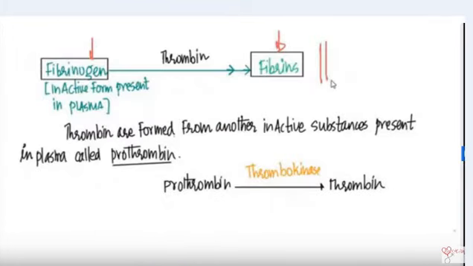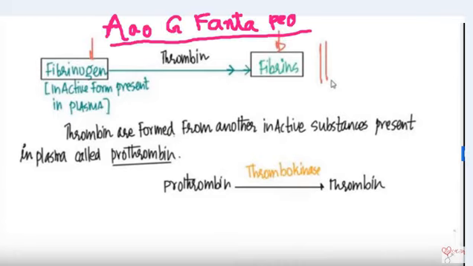Now, how are these fibrins, the network of threads, formed? These are formed from fibrinogen. What is fibrinogen? As I have discussed in the first video lecture on plasma, during the discussion of plasma, to remember the plasma proteins, I made a short trick for you so that you can remember the names of all the plasma proteins easily.